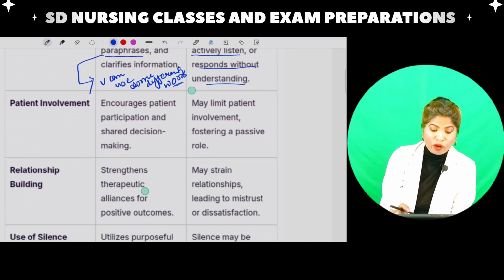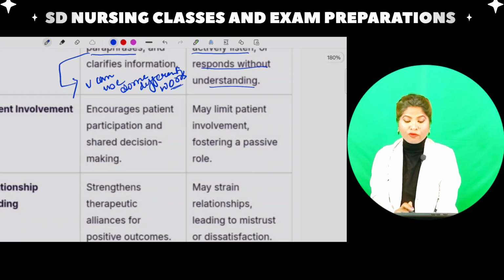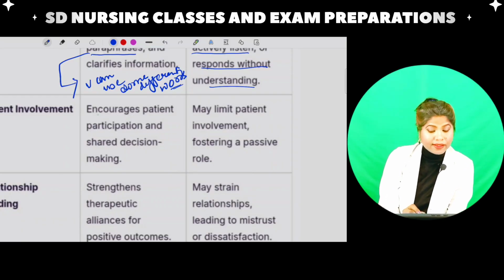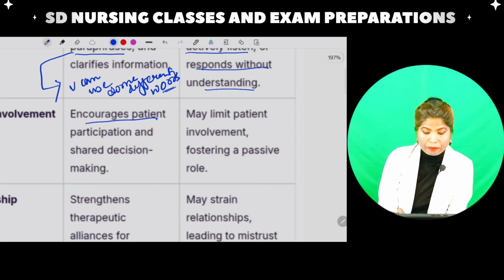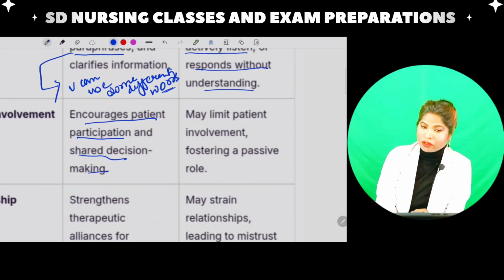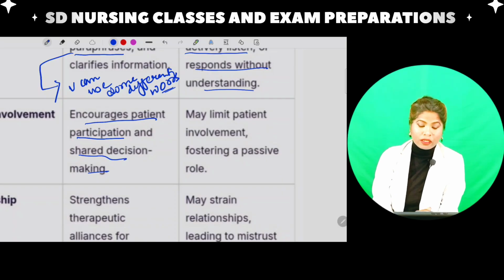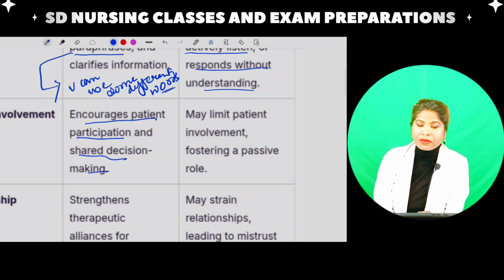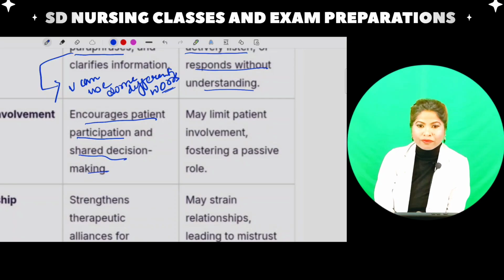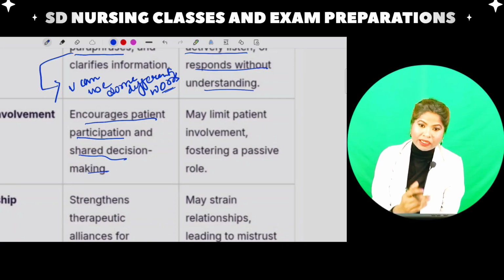And patient involvement, how much you are involving the patient. So encouraging patient participation and shared decision making. Everything here is positive.